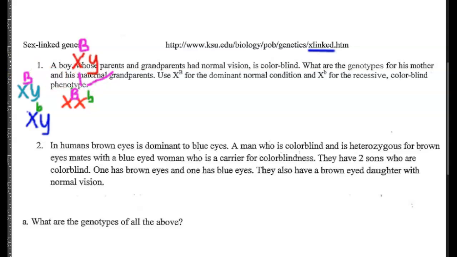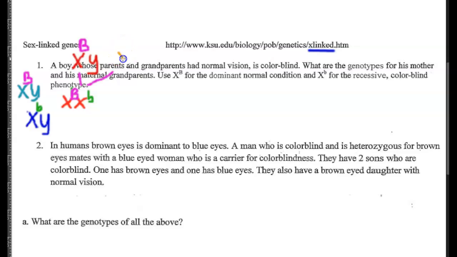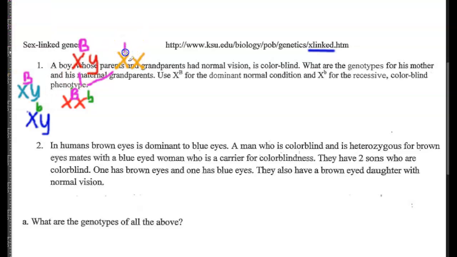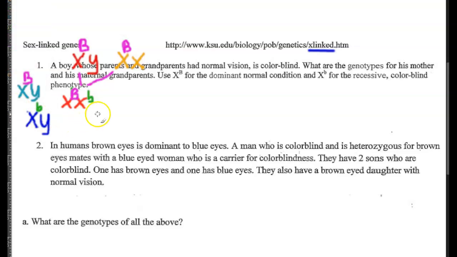So her mother, XX, had normal vision. So we know she had a big B. But we know that she got this little b from here.